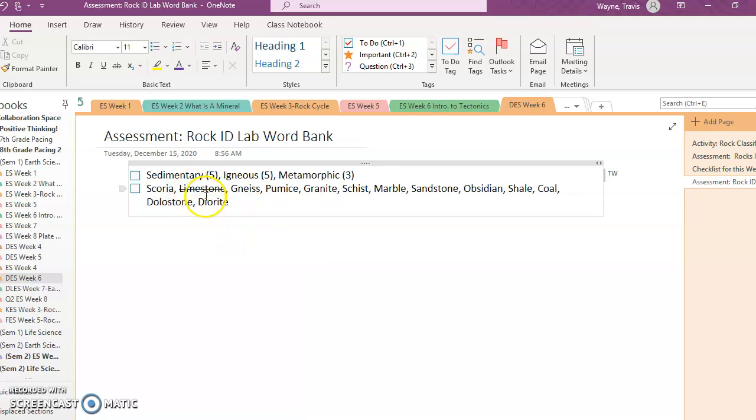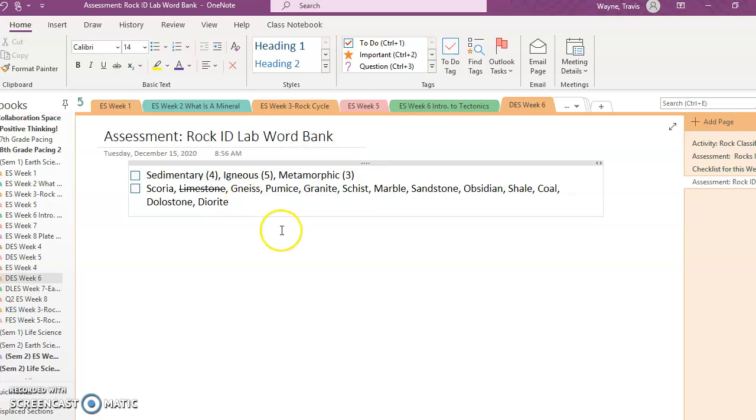You are not going to use limestone again. That also means that up here, we have now used one of the sedimentary numbers, so we have 4 left to pick from.